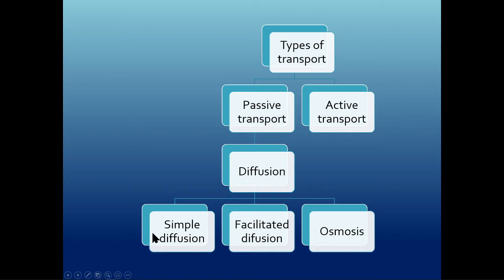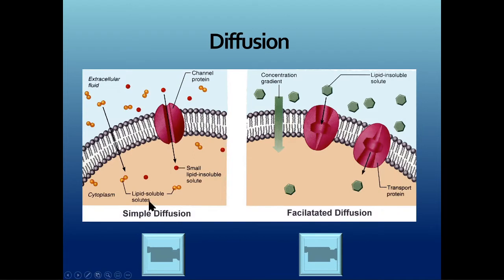We have simple diffusion. In simple diffusion, if we look here, we have diffusion of things moving in and out. Simple diffusion means that small molecules are just going to pass through that semi-permeable cell membrane. They're small enough that they can fit in between the phospholipid molecules. So here we see a diatomic molecule, it's 2 atoms big, and it can get through there.